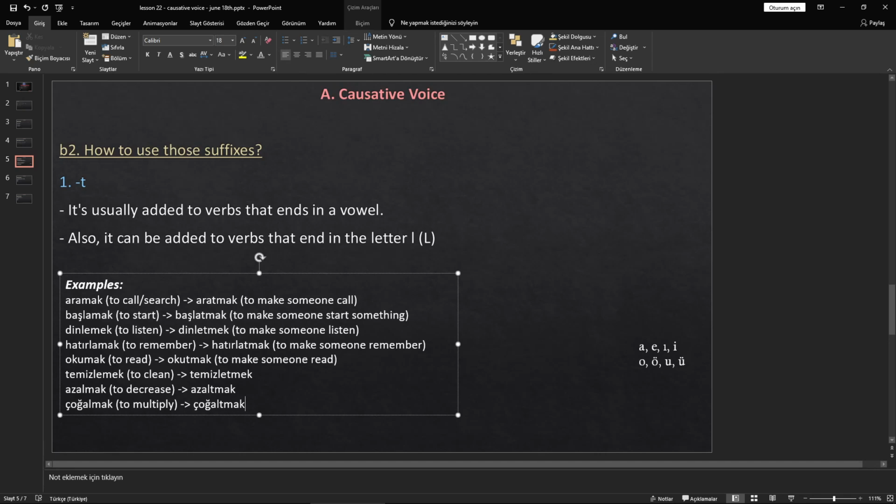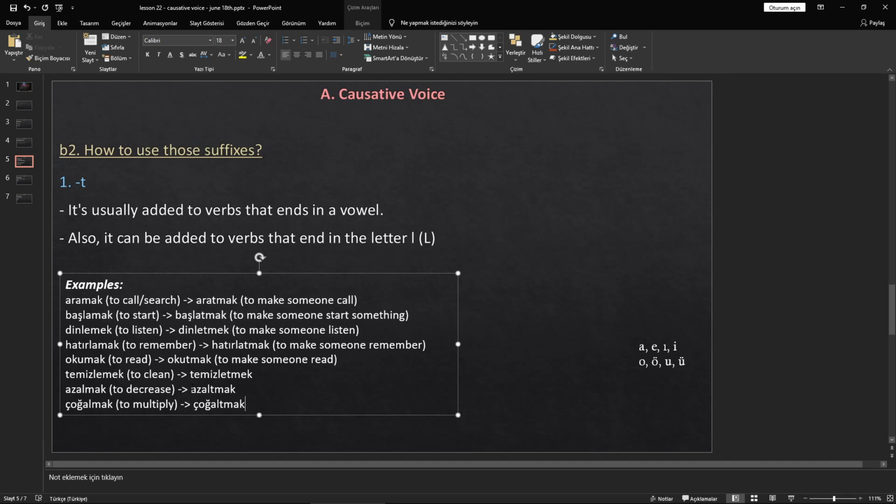But usually you need to say it with dative, oğluna arattı. Because if you say oğlunu arattı, it still sounds like oğlu is the object and she is making other people call his son. Mesela adama oğlunu arattı.